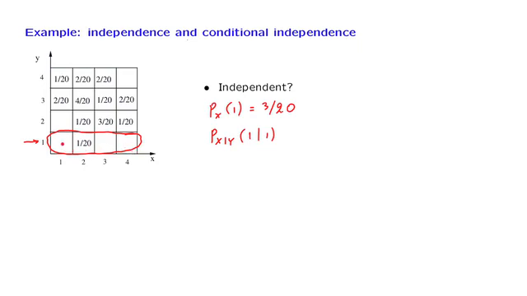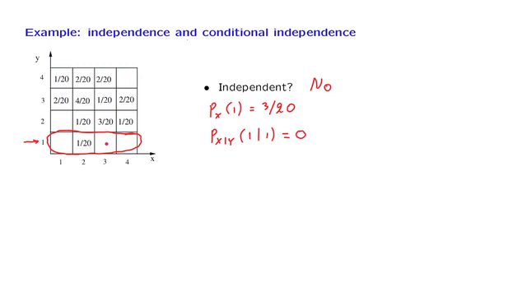In this universe, there's zero probability associated to this outcome, so this probability is 0, which is different than 3 over 20. And since these two numbers are different, this means that information from y changes our beliefs about what's going to happen to x, and so we do not have independence.